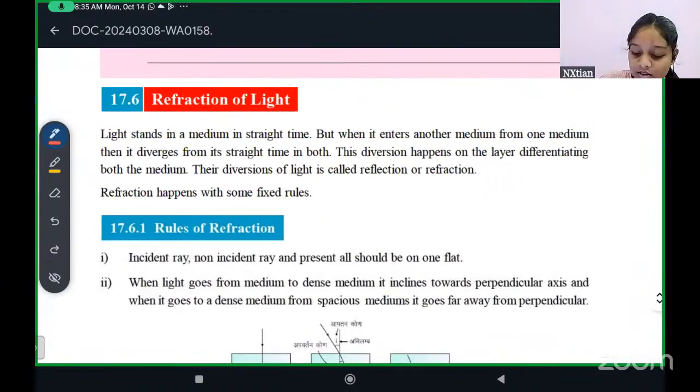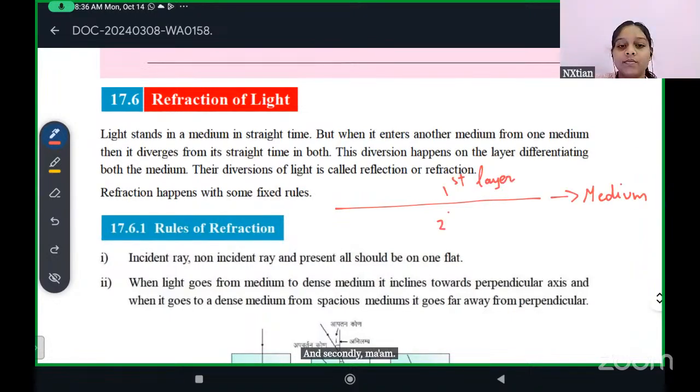Suppose this line and second layer. Okay, medium is separating. My light ray is coming from here.